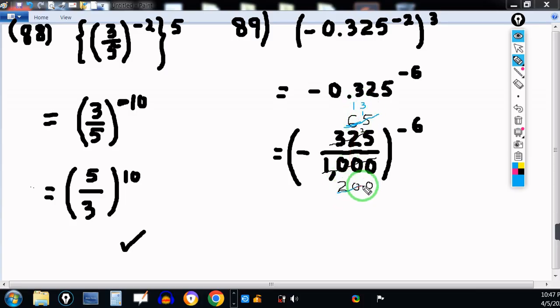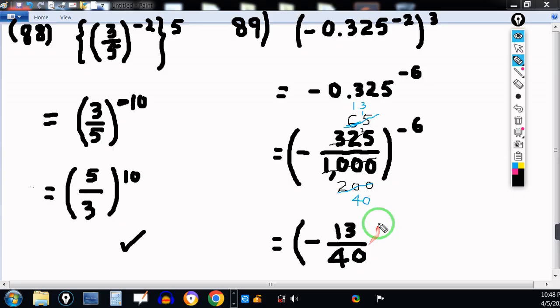And then 5 times 8, 40 over here. In other words, the top number has now actually become, what's the top number? The minus 325 over 1000 has actually been simplified to minus 13 over 40, and then the power that be outside is the minus 6.